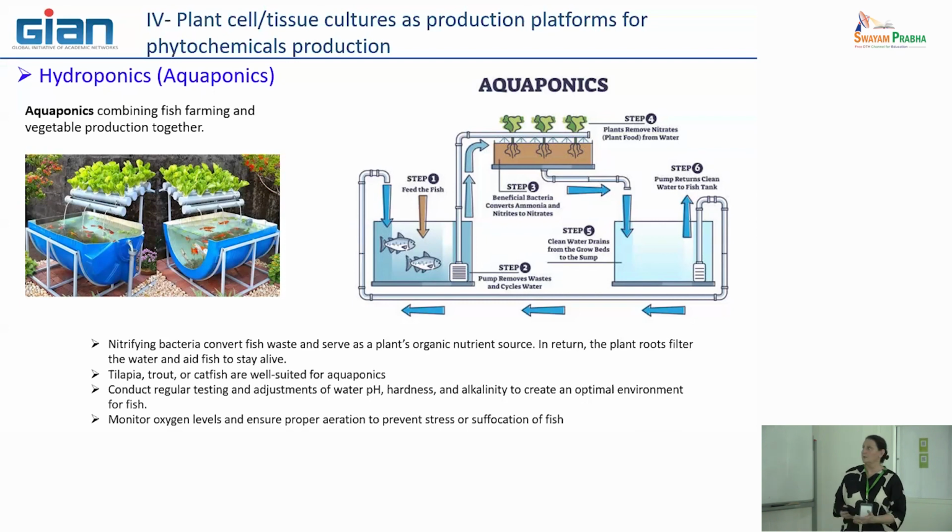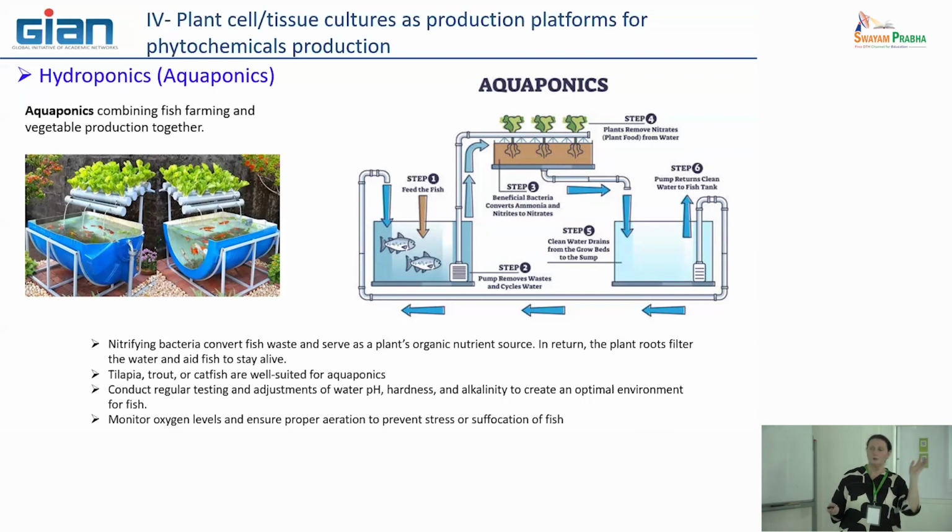You can see here, instead of having a pump that permits the circulation of the nutrient solution for the fish or for the plants, you can be completely autonomous for both animal and plant nutrients. Some specific fish are well adapted to this system, in particular tilapia, trout, or catfish.